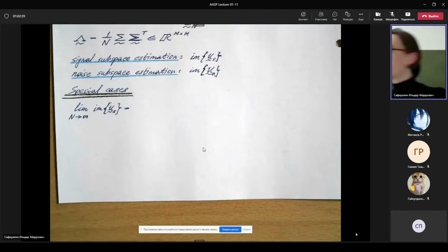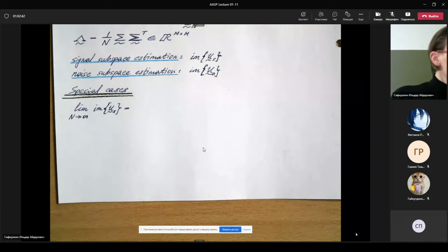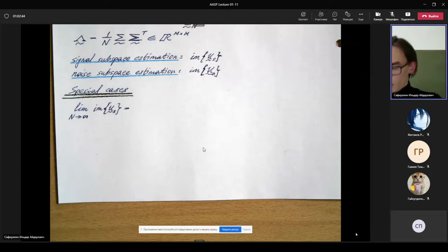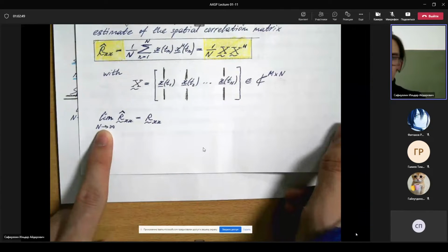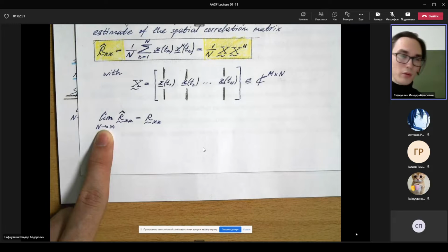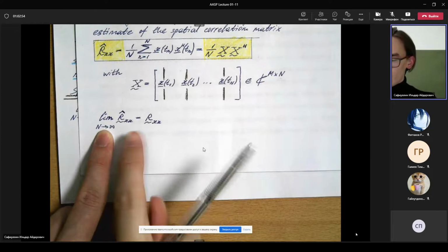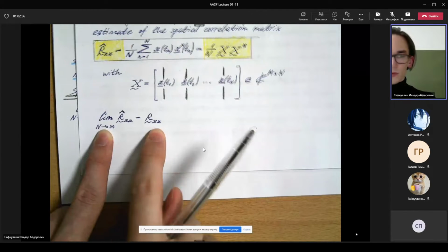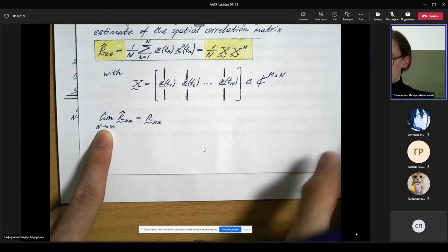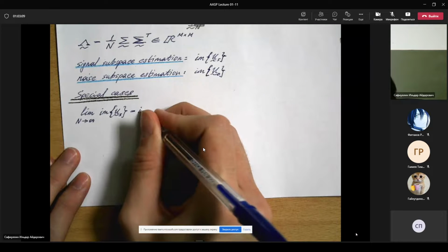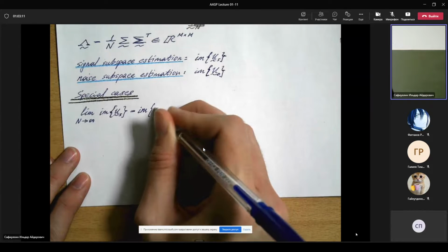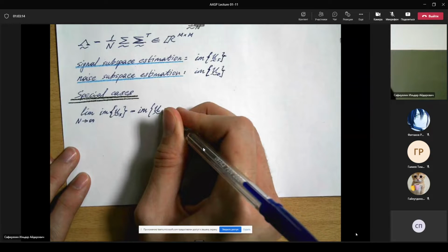So what will we have here? If n goes to infinity, so the number of time snapshots or the number of experiments, we can say our estimate will go to the original correlation matrix. And in this case, the estimate of the signal subspace with small s will go to the original signal subspace with U with capital S.